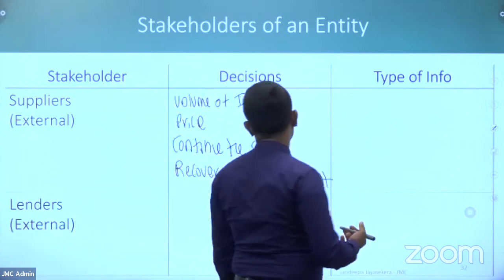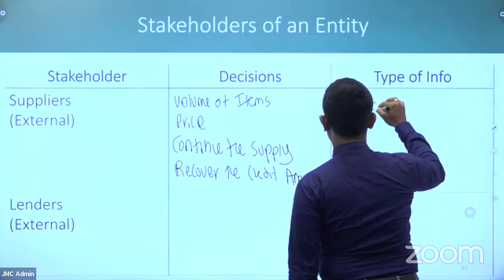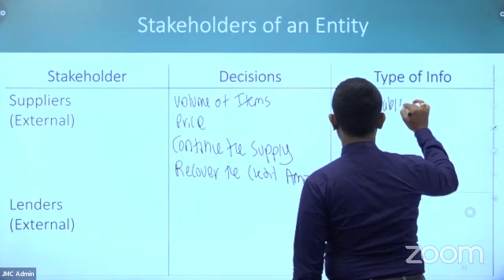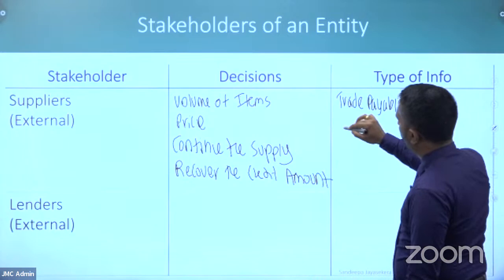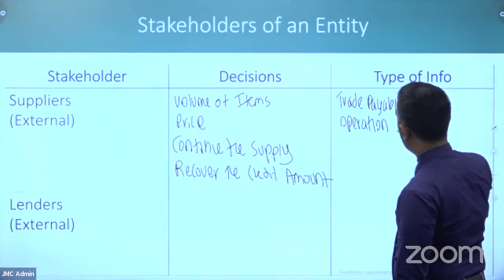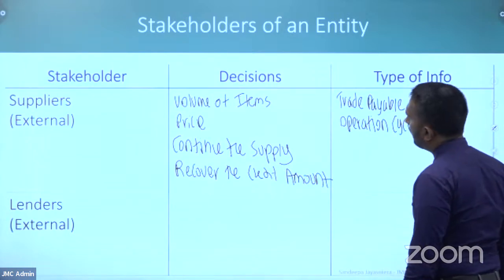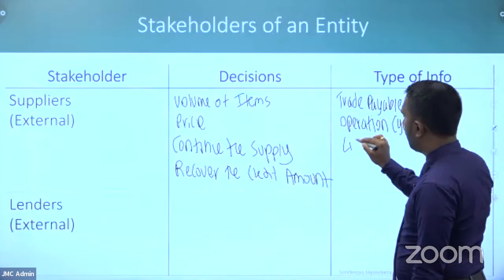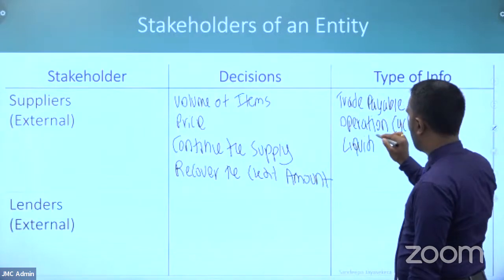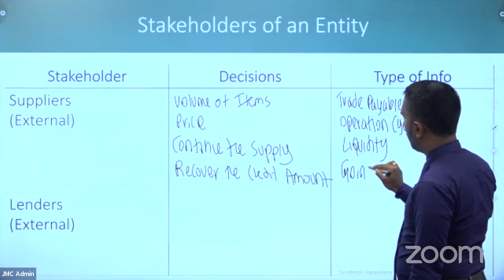And the type of information you'll be looking at: how much trade payable is there, right? What is your operating cycle? How long you are going to take for the settlement and all, right? Your operating cycle and your liquidity. Do you have enough cash? Whether the business has enough cash, whether the business is going to continue.